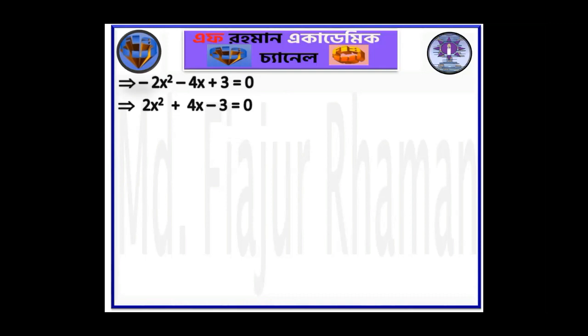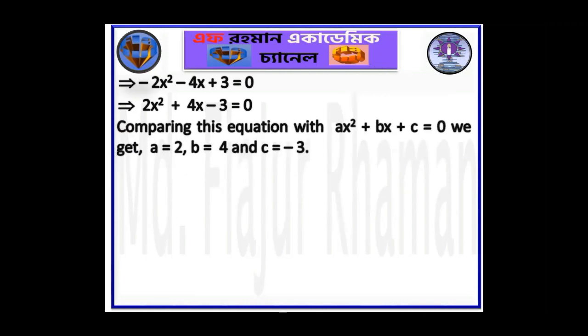This form of equation will always be compared with the standard equation ax square plus bx plus c is equal to 0. Dear learners, see, 2 is the coefficient of x square here, and a is the coefficient of x square here.